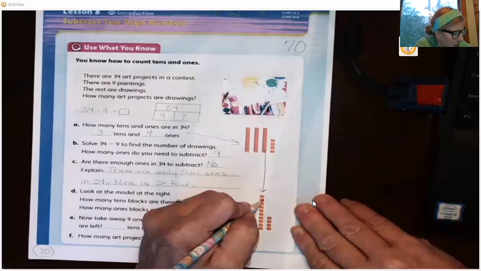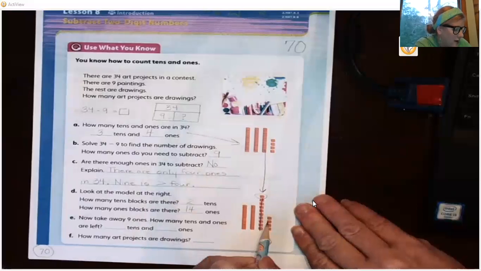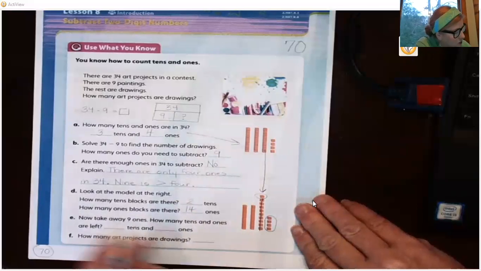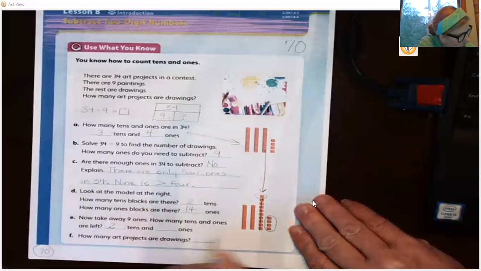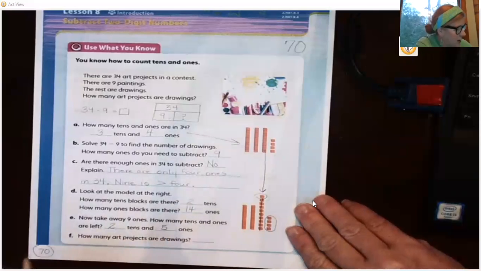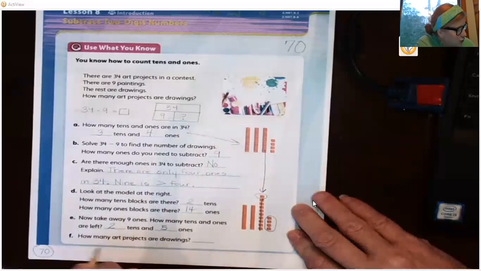So I'm just going to take 9 of those away and leave the 1. And then we have the 4. So how many 10s and 1s are left? Well, we didn't need to take any 10s away, so we still have 2 10s. And now we have 4 plus 1, 5 ones. So how many art projects or drawings? 25.